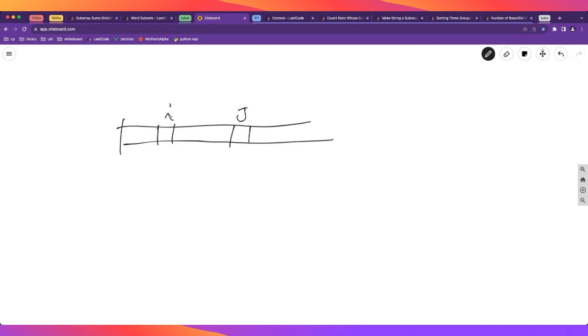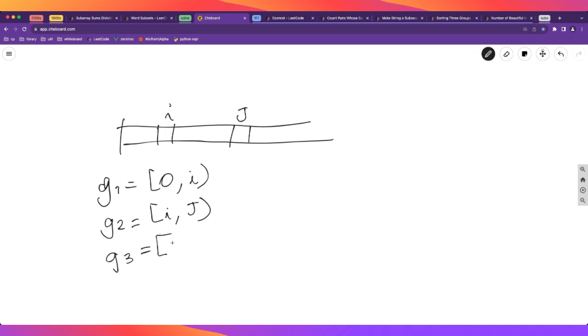Let's say that the first group, the group of 1s, is going to be between 0 and i exclusive, and the group of 2s is going to be between i and j exclusive, and the group of 3s is going to be between j and n exclusive.